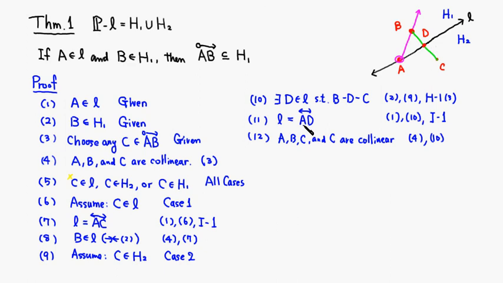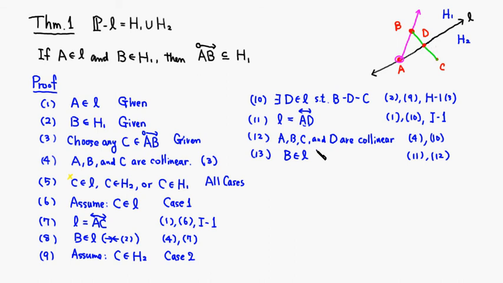But AD determines a line L. Oops, I didn't write it correctly; I meant D here. Since AD is a line L, they all are going to be on the line L. In particular, I'm going to pick B. So B is going to be on line L, line 13, combining line number 11 and line number 12.